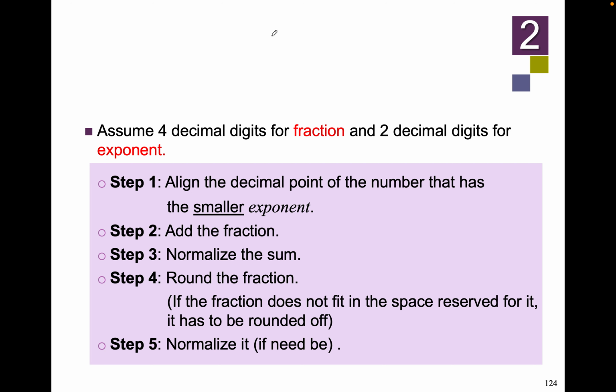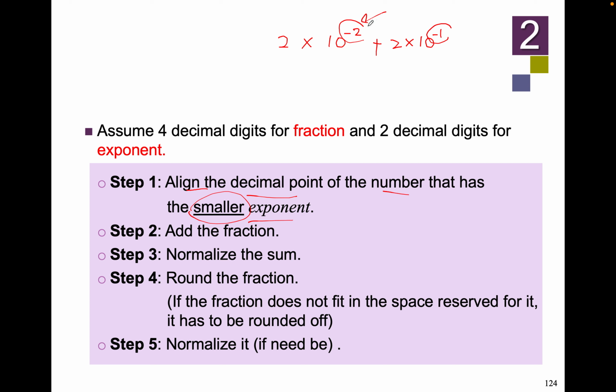But when you have something like 2 times 10 to the power of 2, and you're going to add it with 2 times 10 to the power of minus 1, you need to look into the exponent and align the decimal point of the number that has the smallest exponent.